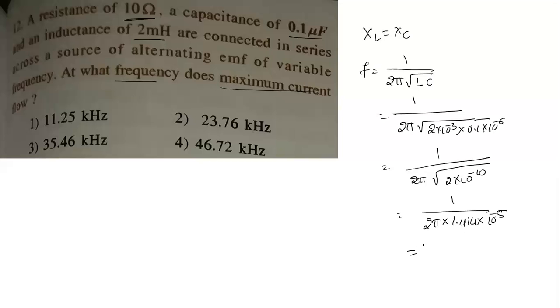After simplification you get 0.11295 into 10 power 5, which comes to the numerator. Shifting it, it becomes 11.295 into 10 power 3, and 10 power 3 means kilo. So we get about 11.3 kilohertz. The nearest value is 11.25, and a proper calculation will give 11.25. That is enough, because no other values are very near to this. Question number 12 done.